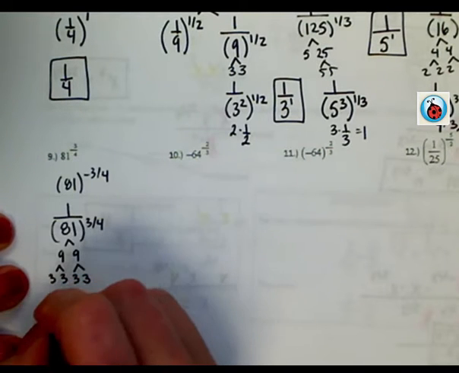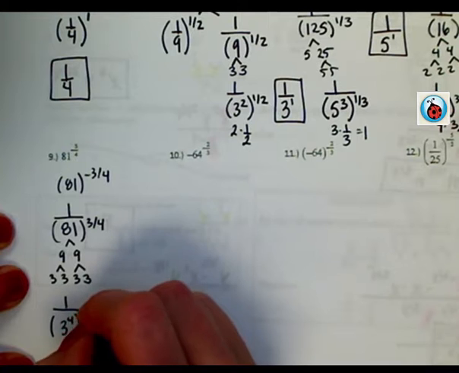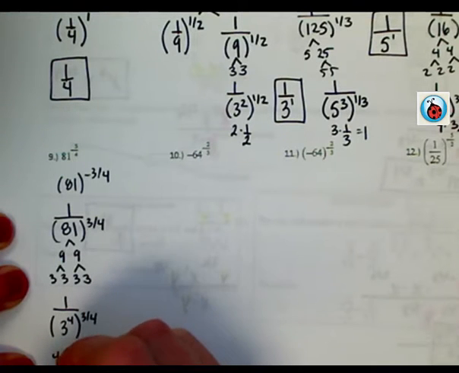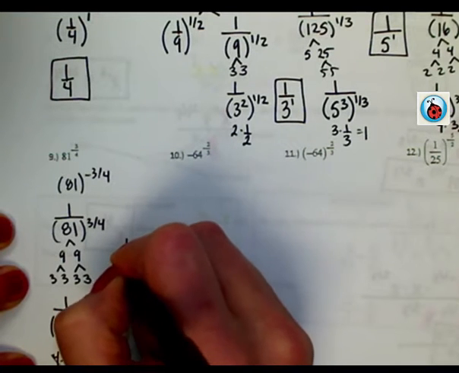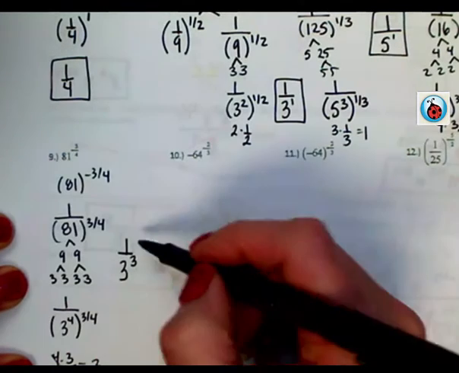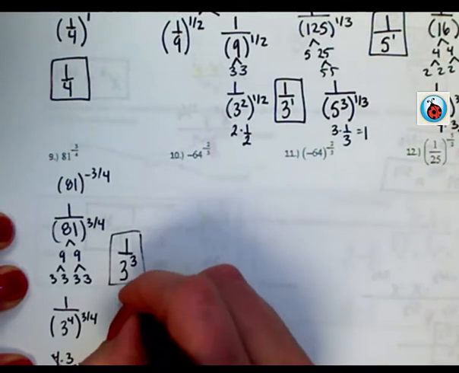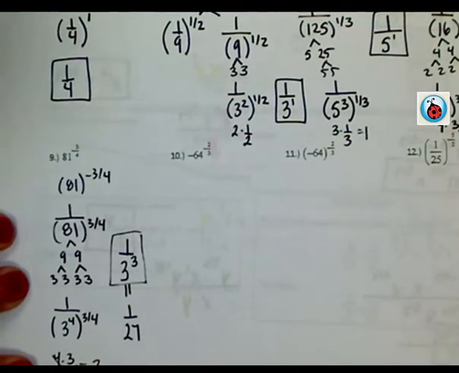And so we end up with 3 to the 4th. Okay, my exponent rule says that you multiply, so we get 3. 1 over 3 cubed. So I can leave it in exponent form, or equivalently, 1 over 27.